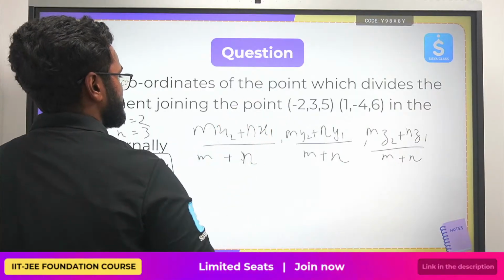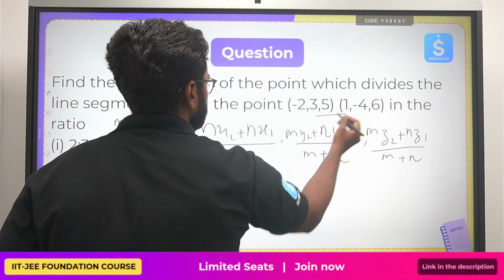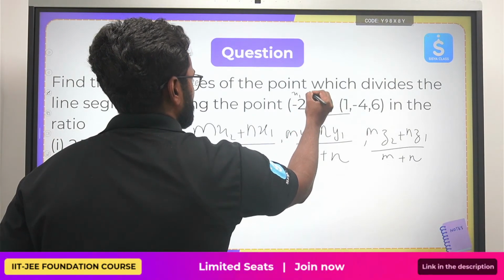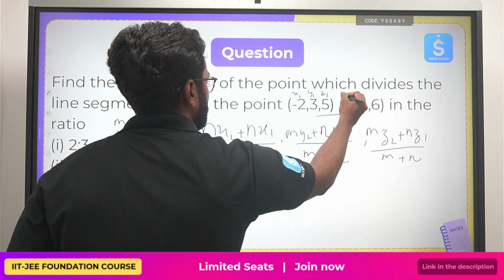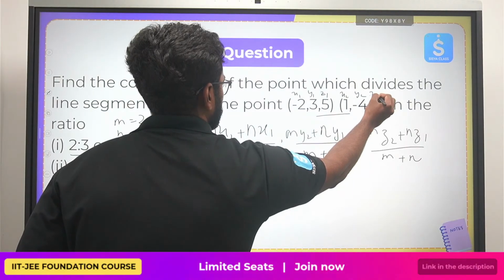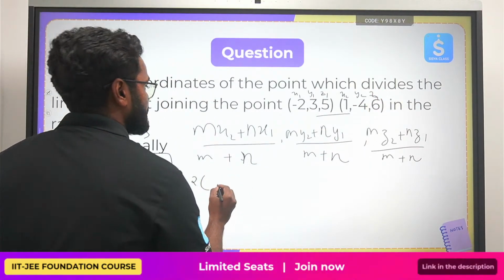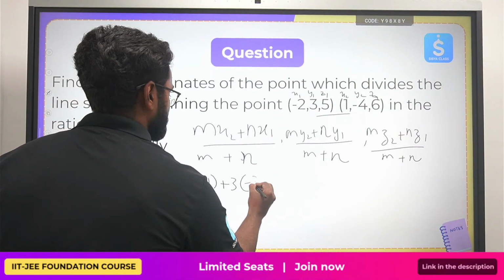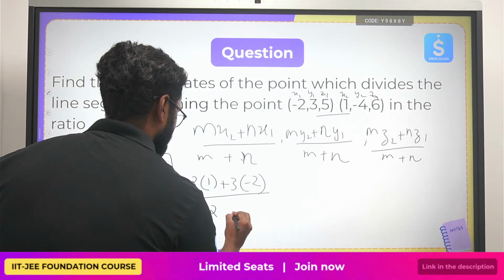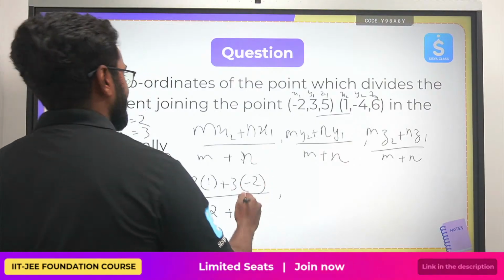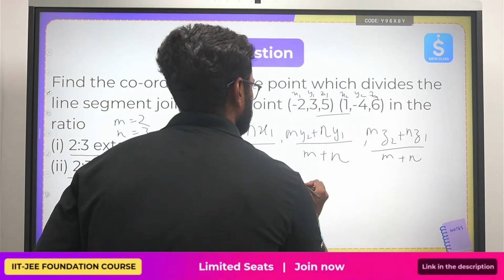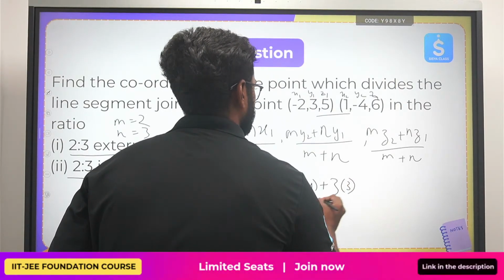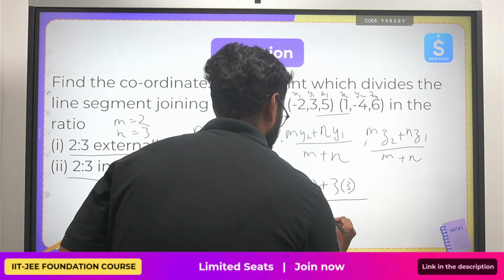Let me write x1, y1, z1, x2, y2, z2. mx2, m into 1 plus n is 3 into x1 is minus 2 by m plus n, 2 plus 3, comma my2, m is 2, y2 is minus 4 plus n is 3, y1 is 3, by 2 plus 3.